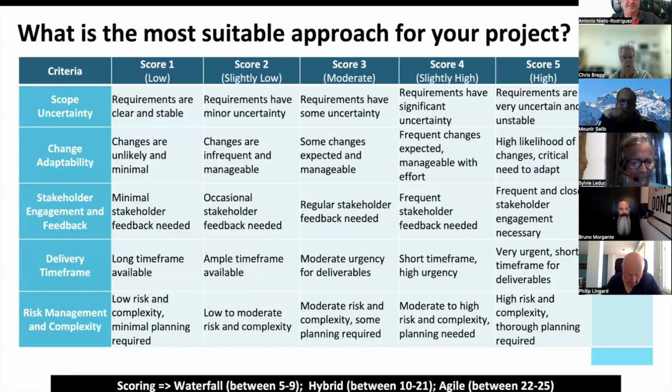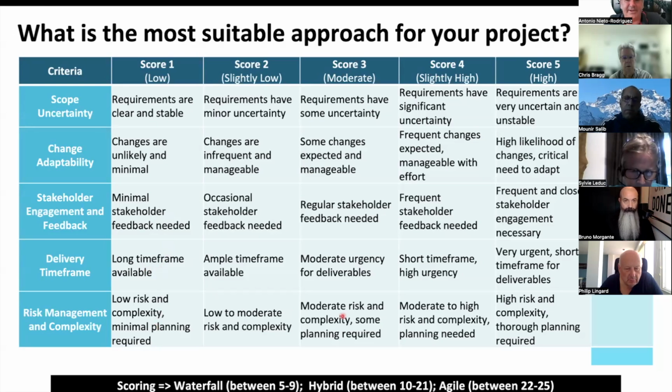So with that, I made a table, and you'll see it coming next. With this table, you score each of them in one of the columns. So the scope requirements are clear and stable, that's 1 point there. Change adaptability, if there's a lot of changes expected, for example, here we have some changes, so that would be a score 3. Stakeholder engagement and feedback, minimal feedback, we know what we need to do, just do it, long time frames.